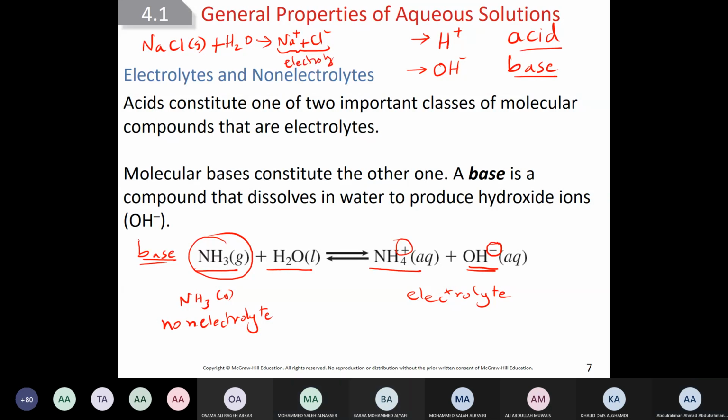Electrolyte. Same thing with solid CO2: by itself, non-electrolyte. When you dissolve it in water, it becomes electrolyte. I hope this is clear.